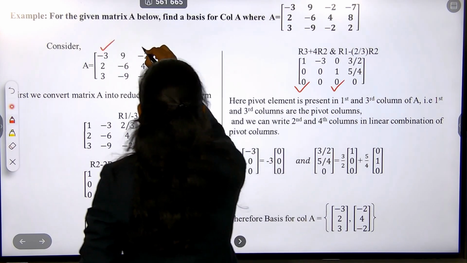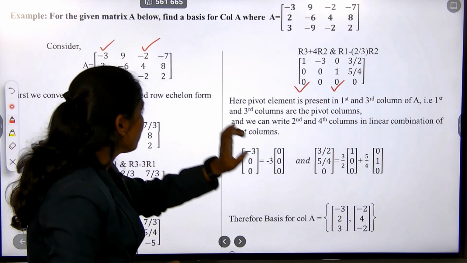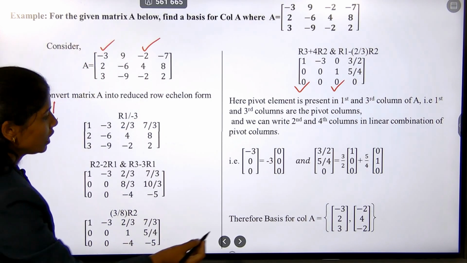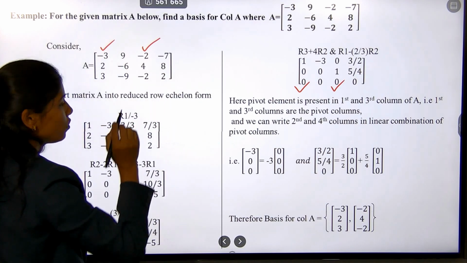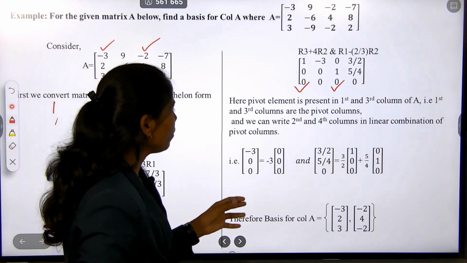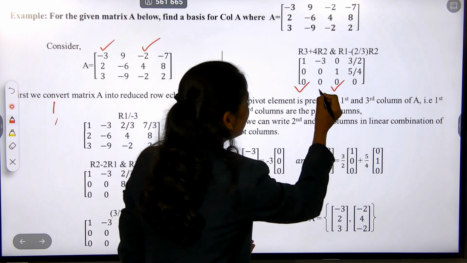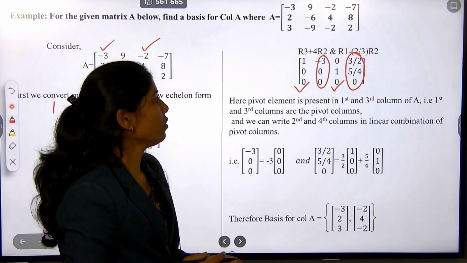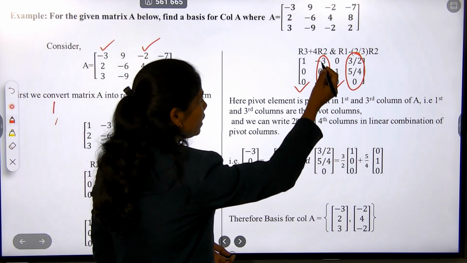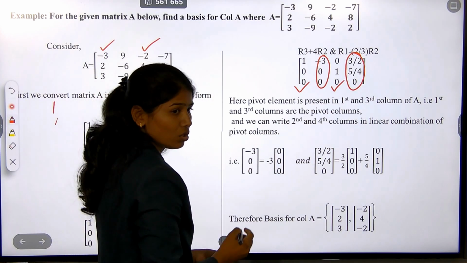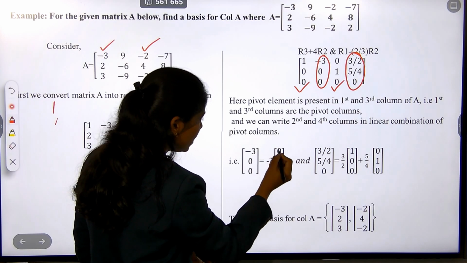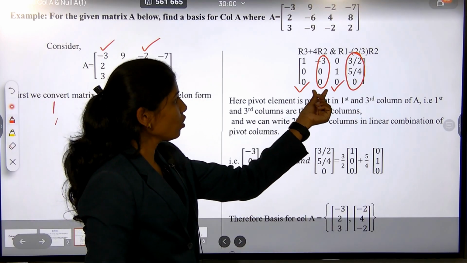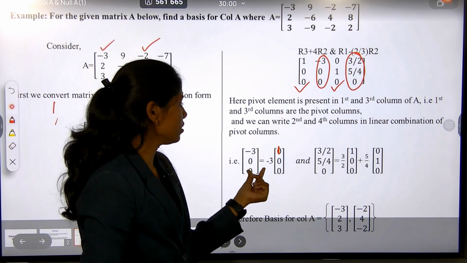So in the basis for column space of A, we can write the first column vector minus 3, 2, 3 and the second column vector minus 2, 4, minus 2. And also we have to focus that the columns other than pivot columns are linear combinations of pivot columns. First we take minus 3, 0, 0. We can write it as minus 3 into 1, 0, 0, so the second column is a linear combination of the first column.